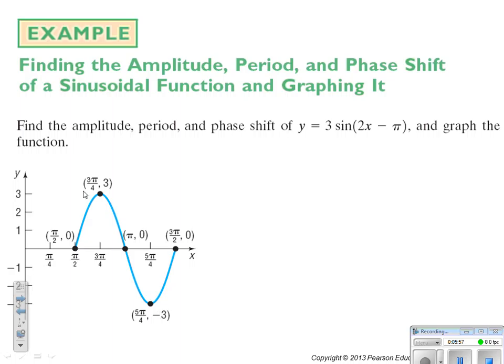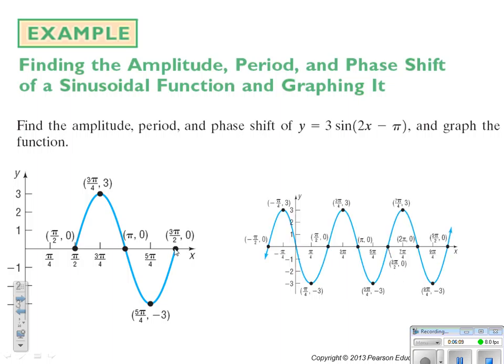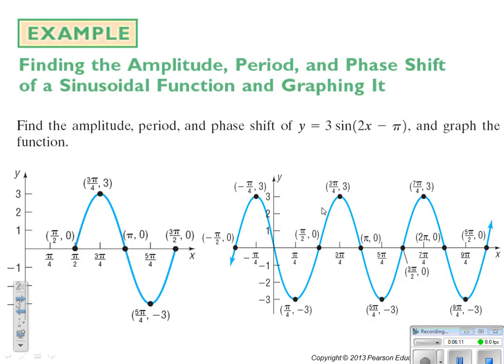And because our amplitude is 3, it's going to come up here, hit 3, hit 0 here, go down to -3 here, and end its first cycle at 3 pi over 2. And then all you have to do is continue that pattern to the left and to the right, and you have the graph of the function.